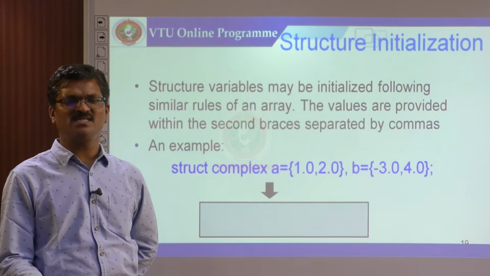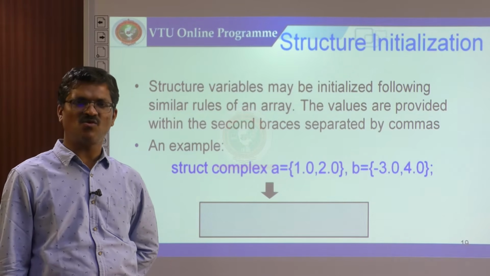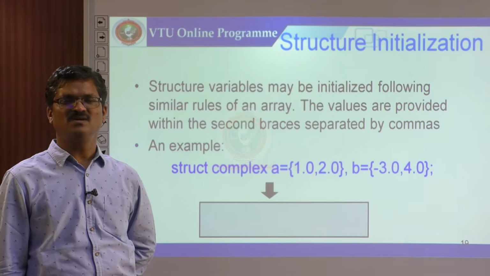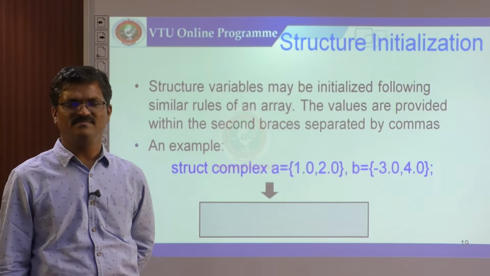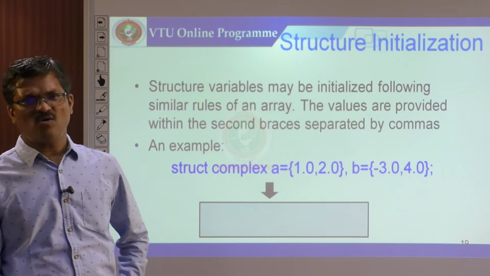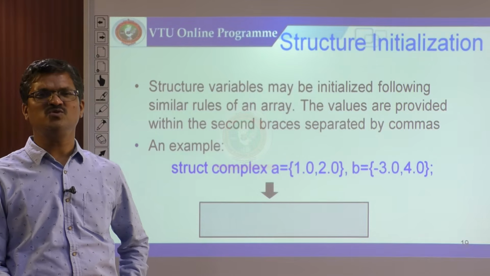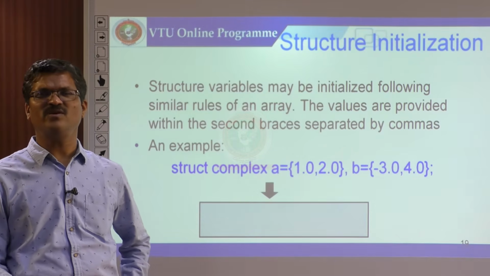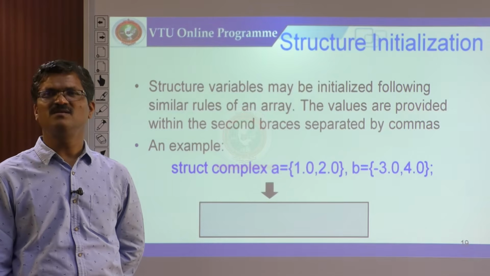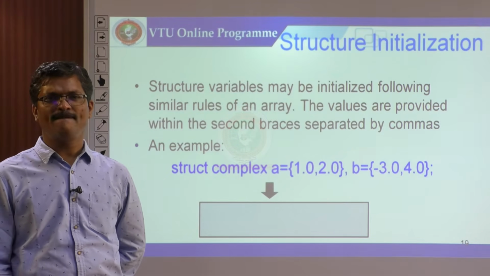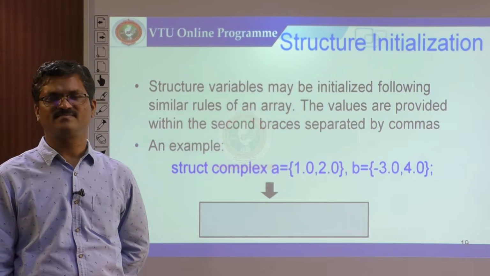We know how to declare a structure. This is a structure variable called A, of type struct complex. There are two structures, A and B, where the complex structure A is initialized with two values to represent the real value and the complex, or imaginary, part: A equals 1, 2. In the same way, B equals -3, 4.